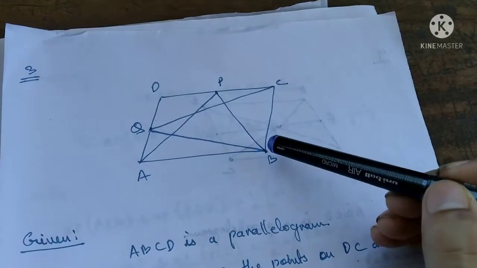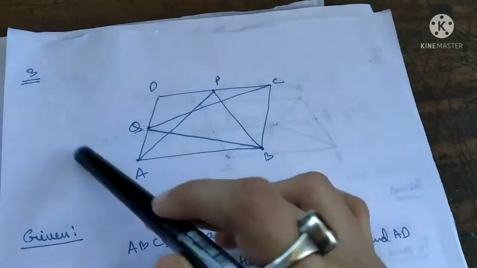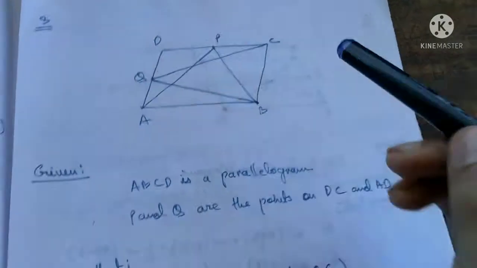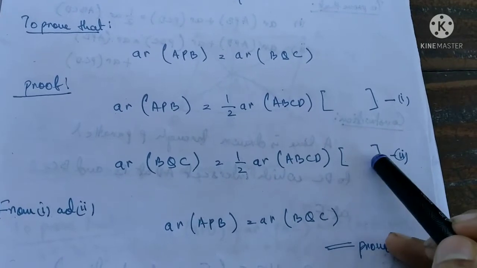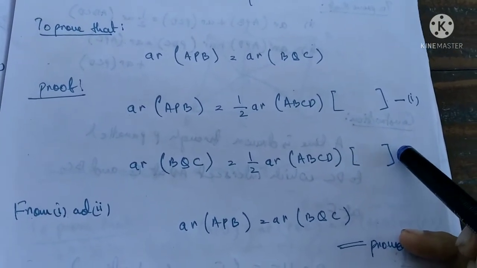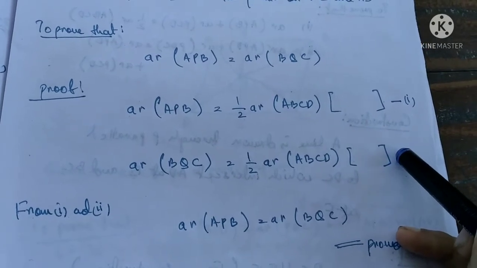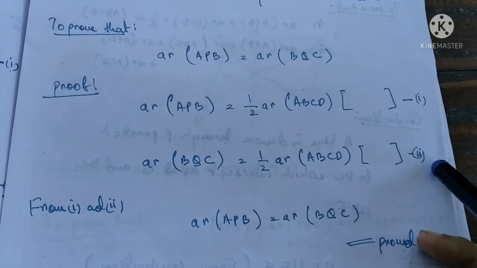So therefore I can say that area of triangle BQC is equal to half area of this parallelogram. Area of BQC is equal to half area of ABCD. Again in the bracket I will have to write, if a triangle and a parallelogram are on the same base and between the same parallels, then the area of the triangle is equal to half the area of the parallelogram, and this will be equation 2.